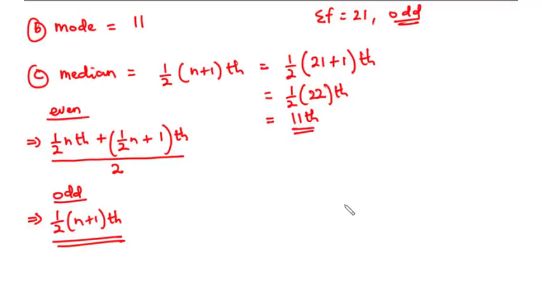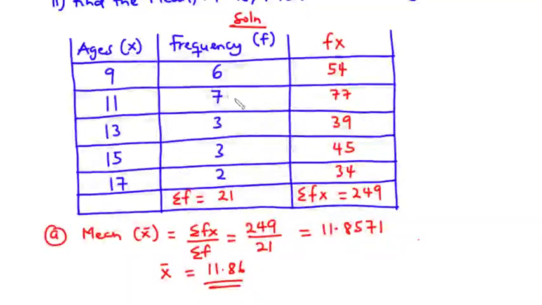Now let's go back to the table. Now we have 9 appearing 6 times, so 6. We have 11 appearing 7 times, so 6 plus 7 is 13.